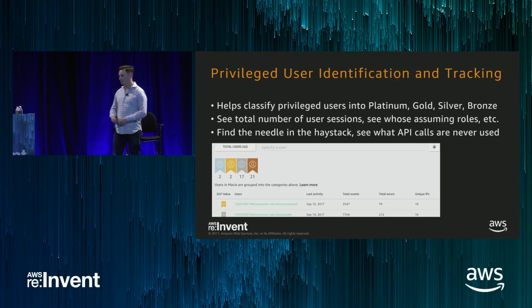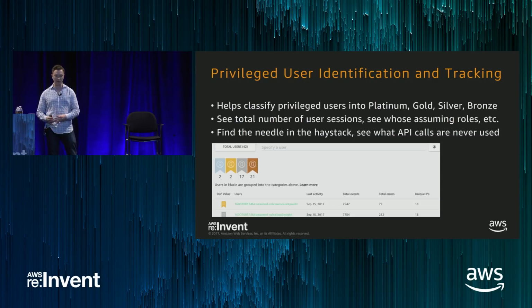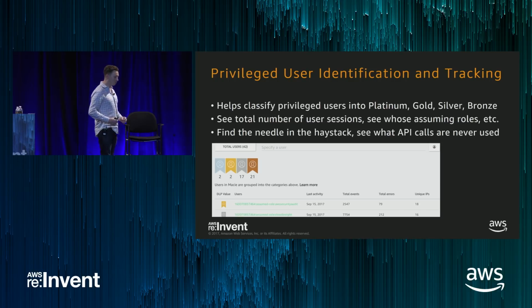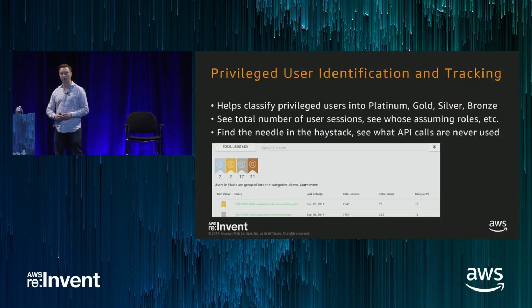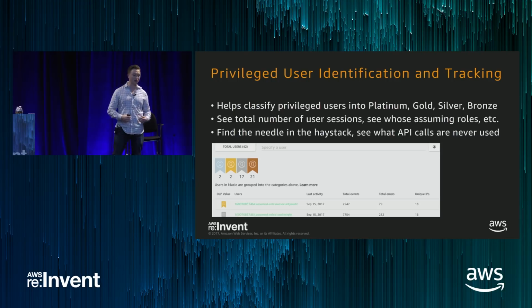But if I'm, say, a network engineer or a sysadmin, and I only deal with certain other types of data and make other API calls, I'm going to be in a separate peer group. Macie actually knows when you veer outside your peer group. So if you're a developer and you start accessing HR data or making calls you don't usually make, because the historical model is developed about what's normal behavior in your account or for that user, Macie will be able to identify that right away and create an alert.